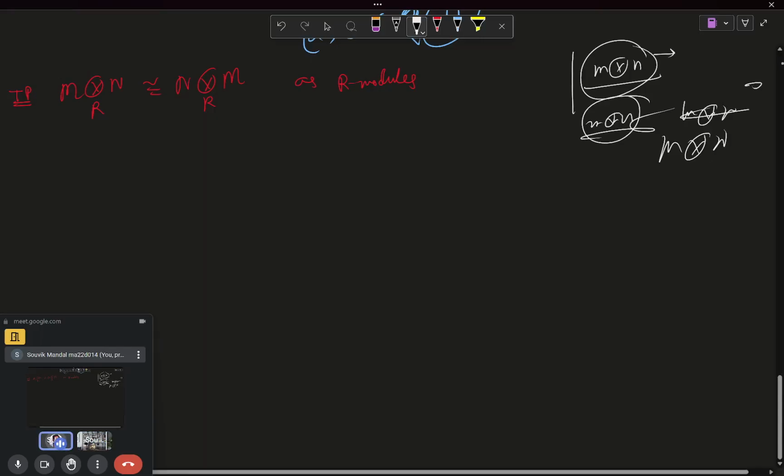I mean to say I have to construct the function which carries this element to the n tensor m element, such that it is well defined, and the reverse function also exists for that. So what is the obvious map?